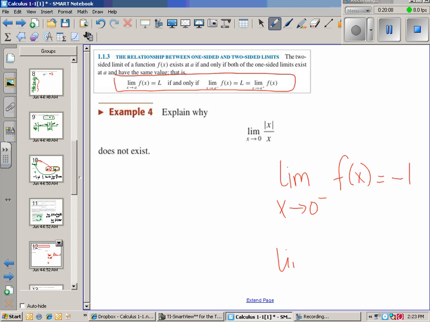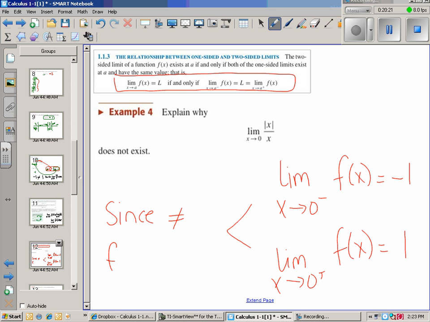Then we looked at the limit as x approaches 0 from the right of that same function, and we got 1. Since they are not equal, the limit as x approaches 0 of f of x does not exist. Okay, the left and right hand limits must be equal to each other.